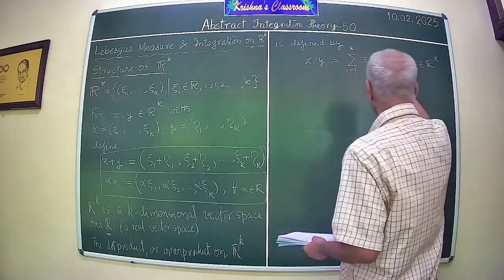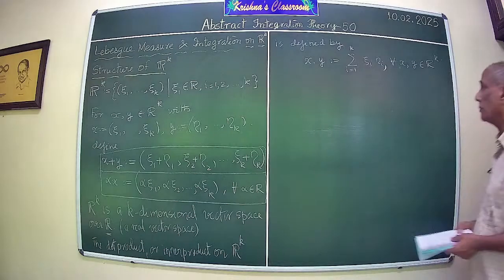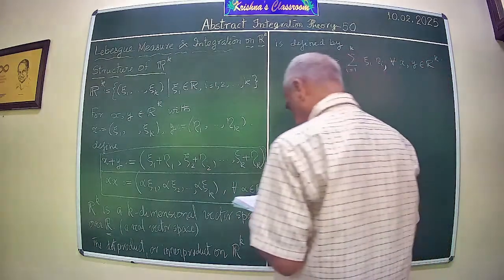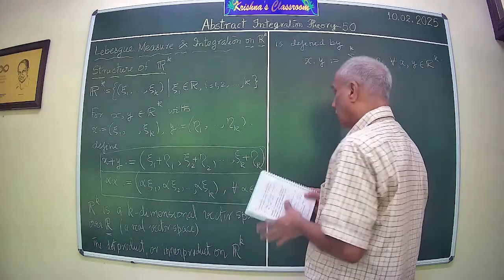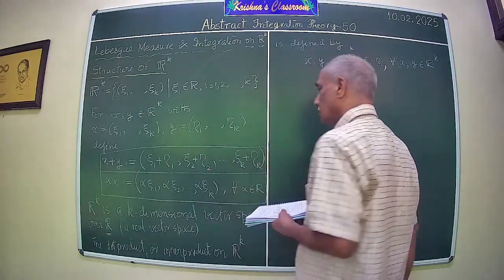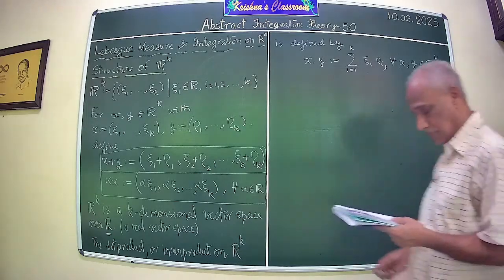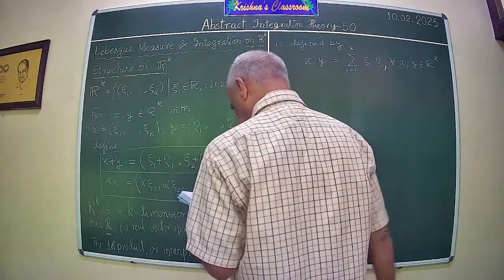Now this is what it is. So that's about the dot product, or what you call the scalar product, or what you call the inner product. All these are the various terminologies that you have.